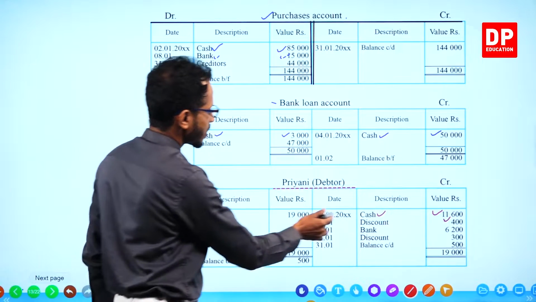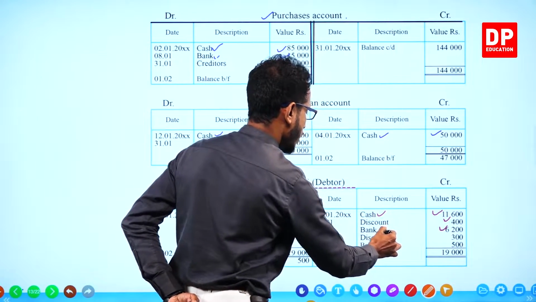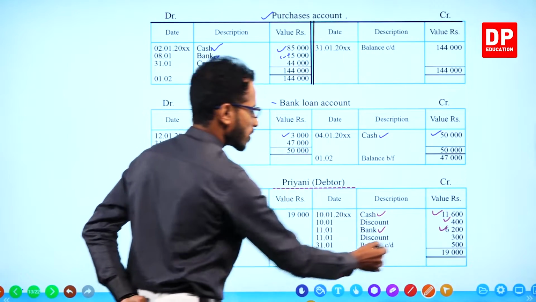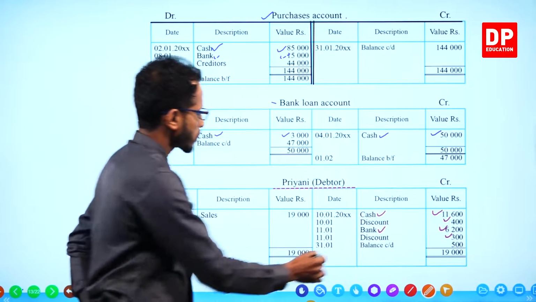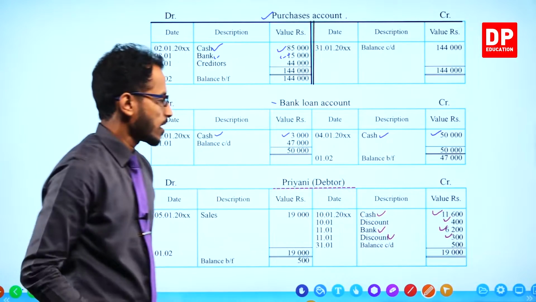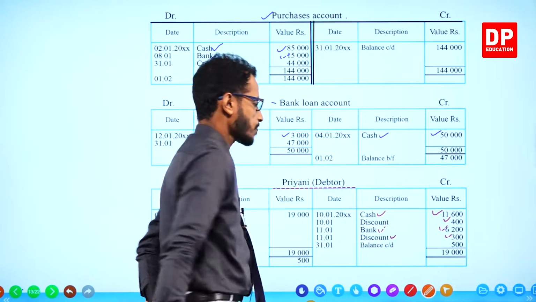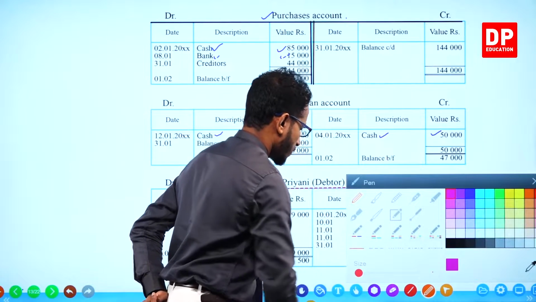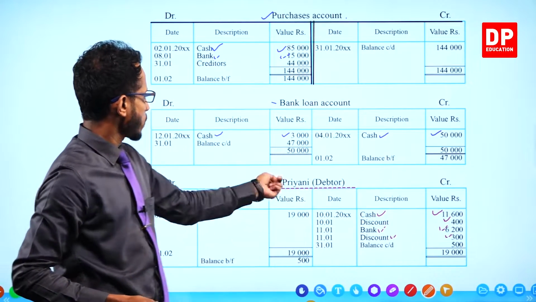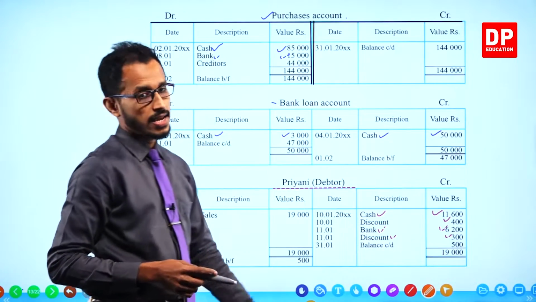And it is credited 6,200 as bank and 300 as discount. Okie dokie. That's it. Priyani's account credited 6,200 and 300.